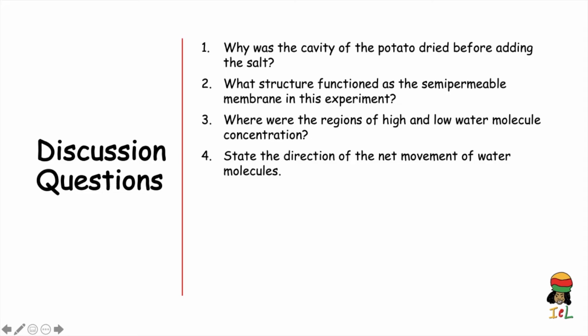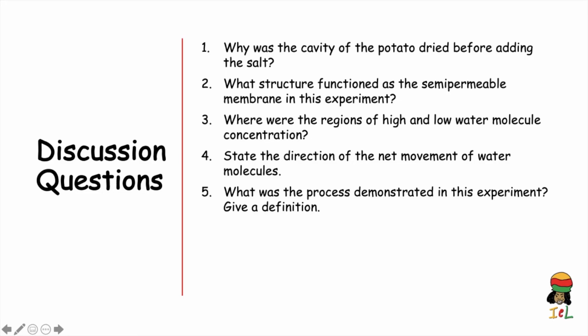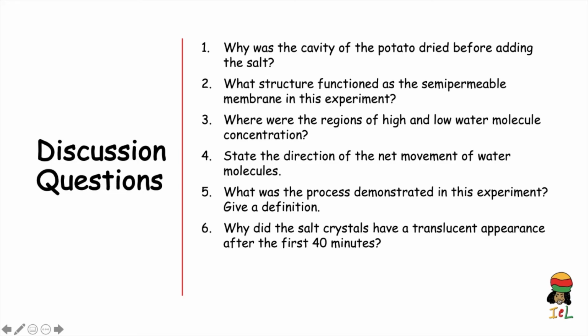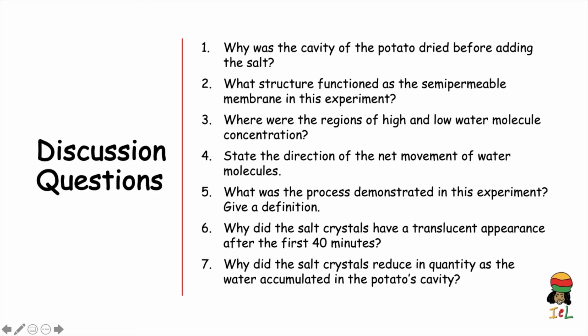State the direction of the net movement of water molecules. 5. What was the process demonstrated in this experiment? Give a definition. 6. Why did the salt crystals have a translucent appearance after the first 40 minutes? 7. Why did the salt crystals reduce in quantity as the water accumulated in the potato's cavity?